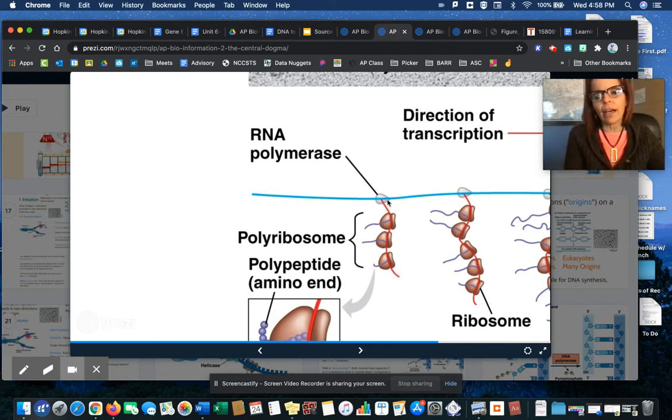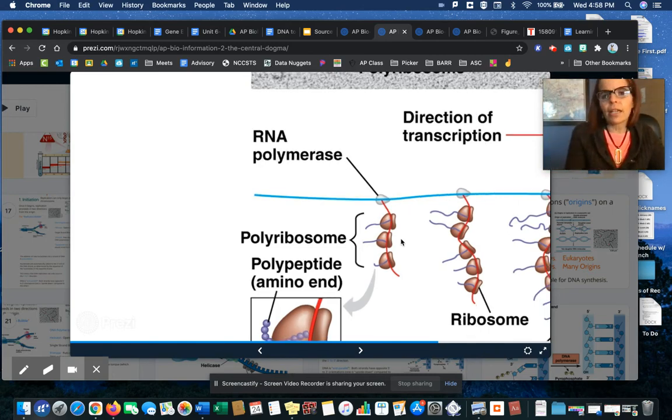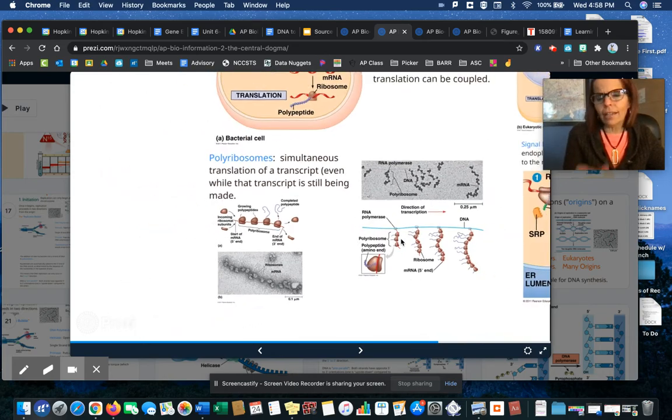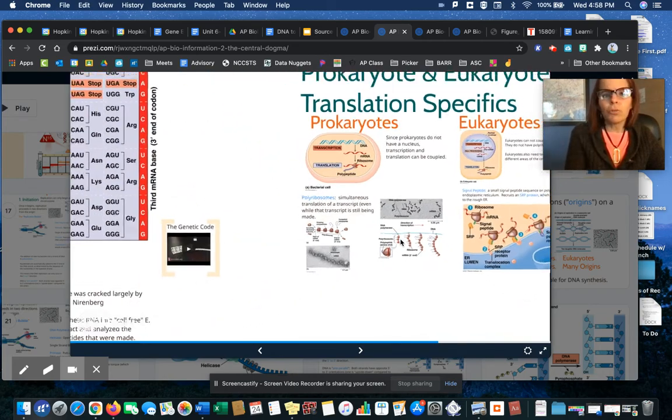That's this red line. And the ribosomes, a whole bunch of them are snapping on at one time, and they're making the proteins. They're translating the mRNA as fast as the mRNA is being produced. So we say that transcription and translation are coupled in a prokaryote. They're happening simultaneously. That is not the case in a eukaryote.